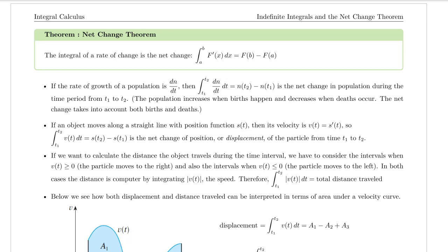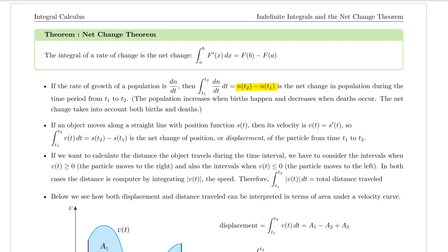The population increases when births happen and decreases when deaths occur. The net change takes into account both births and deaths. So if we end up calculating this and it ends up being a positive number, that means that there were more births than deaths. And if it ends up being a negative number, that means that there were more deaths than births.